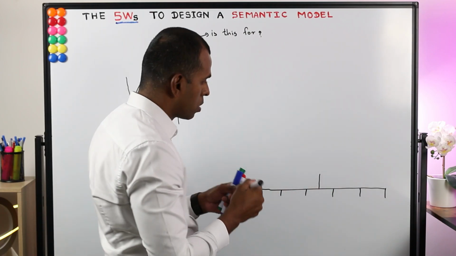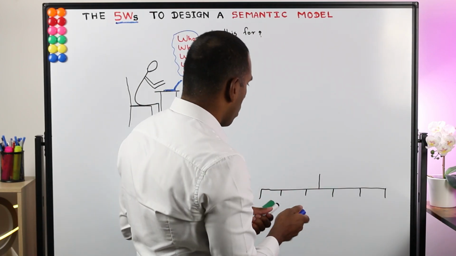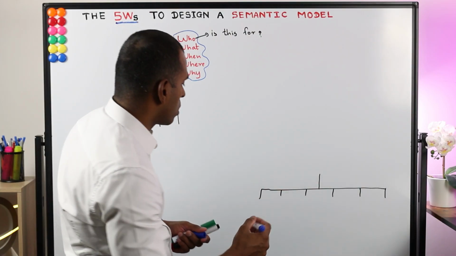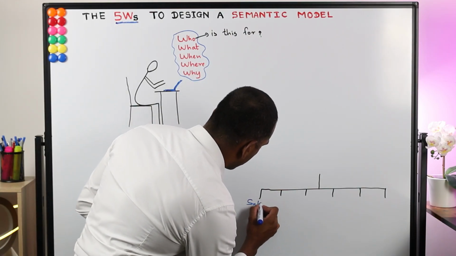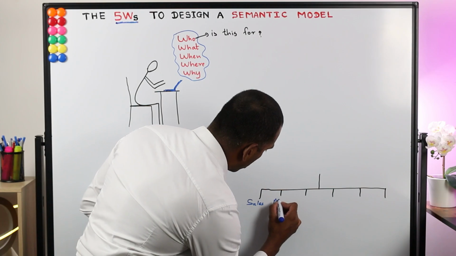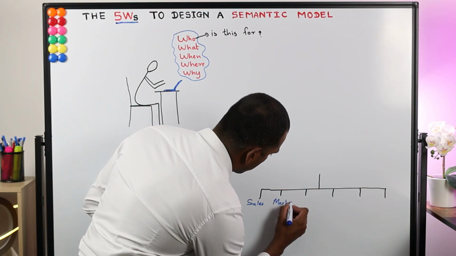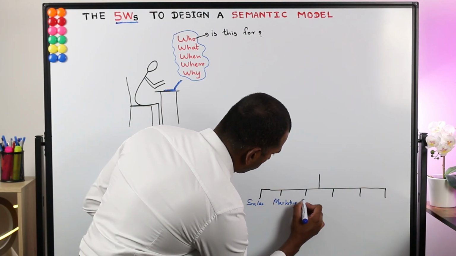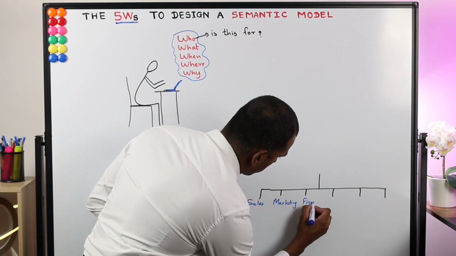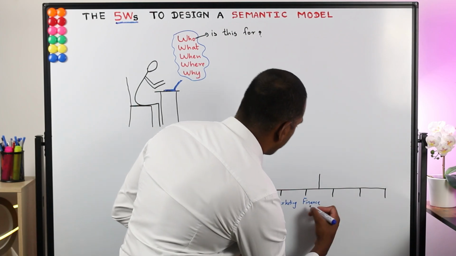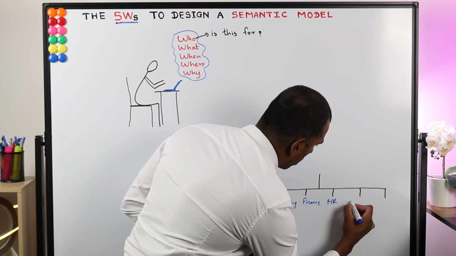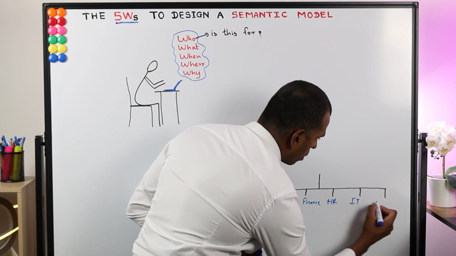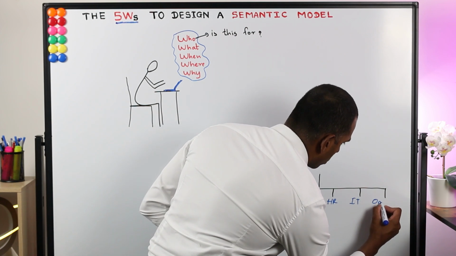In the organization, there are different departments, for example, sales department, marketing department, finance, then human resources, HR, then IT, then operations.